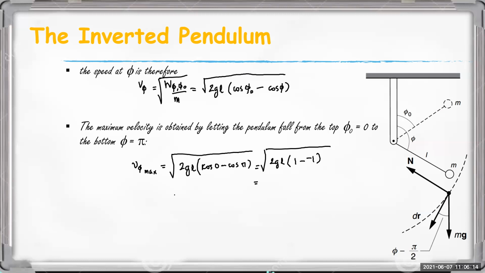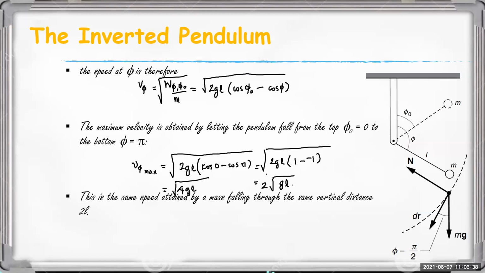Then it is equal to root of 4gL, that is equal to 2 into root of gL. This is the same speed attained by a mass falling through the same vertical distance 2L.